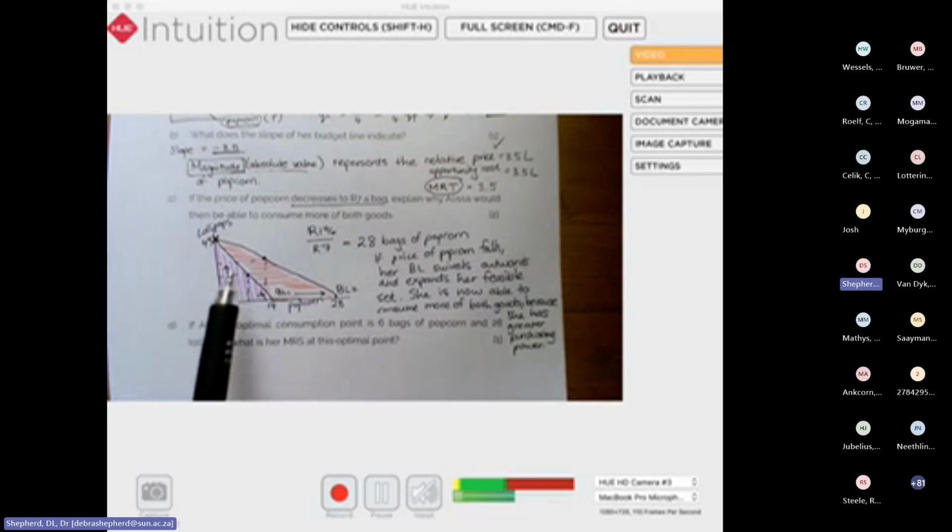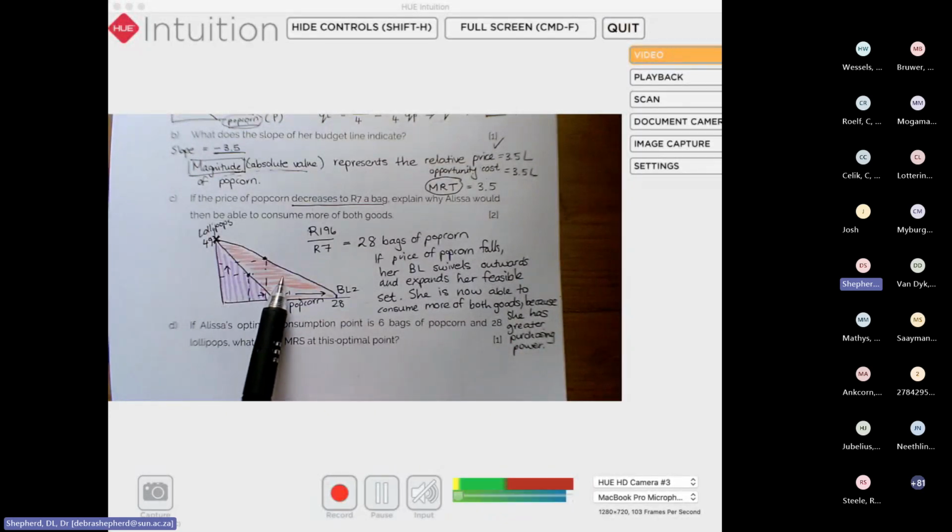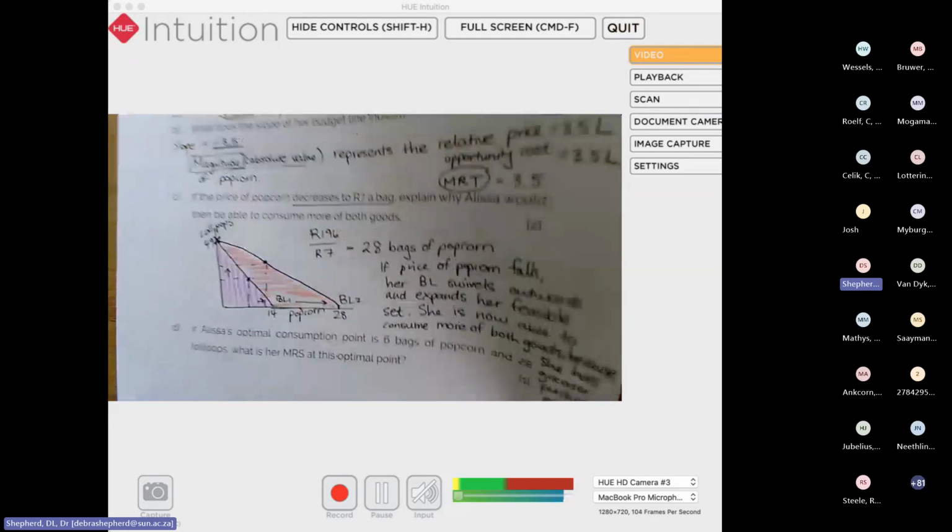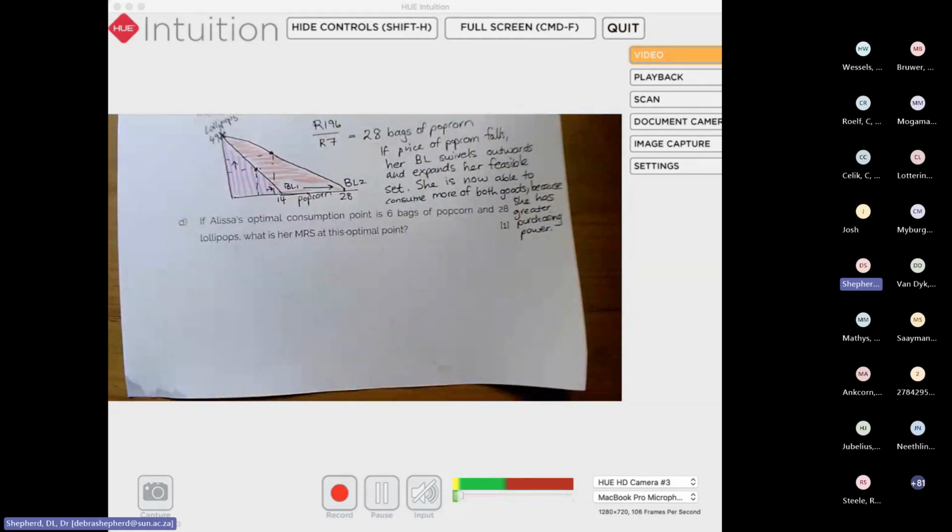So the fact that her feasible set has grown by this area here indicates to us that her purchasing power is greater. Okay, then question D is referring to an optimal consumption point. So what I'm going to do now is just quickly draw what we mean by the optimal consumption point.